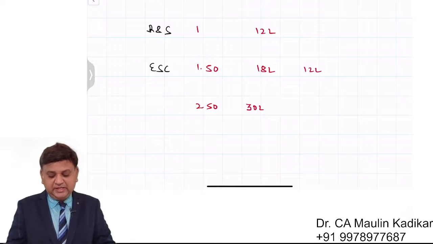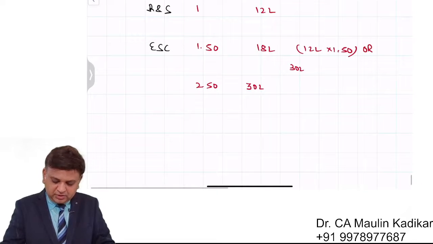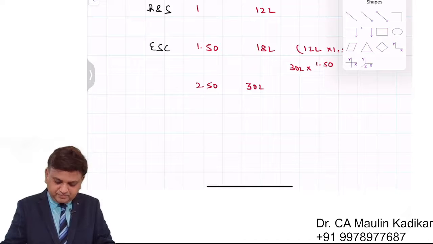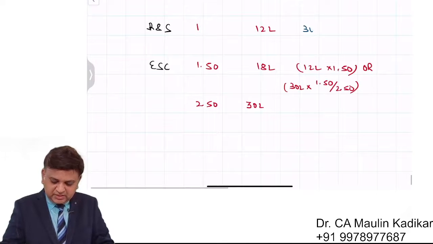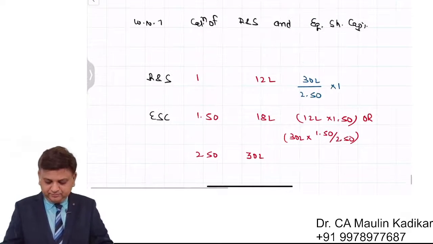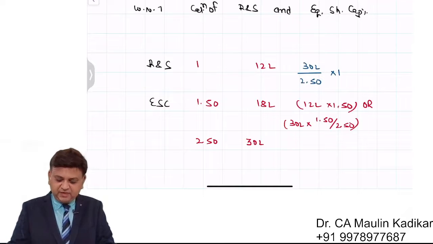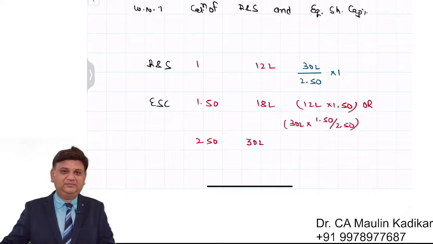Or you can also write 12 lakhs into 1.5, or 30 lakhs into 1.5 divided by 2.5. Over here it is 30 lakhs divided by 2.5 into 1. This is the way we can calculate the reserves and surplus and share capital.